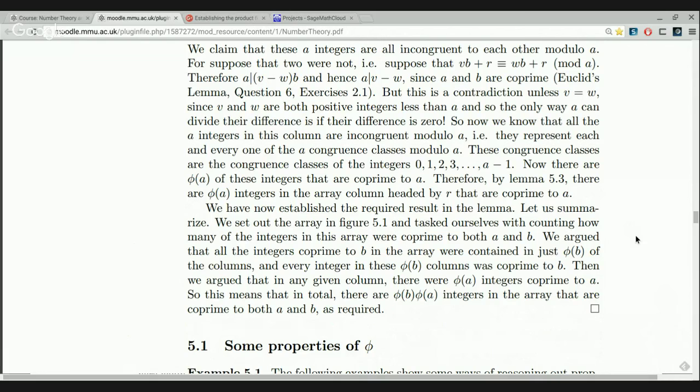So phi of that product we can replace with the product of the phi's, and then phi of a prime power we established last time was equal to this expression. So that proves that very nice product formula for the Euler totient function, which is based on the prime factorization of n.